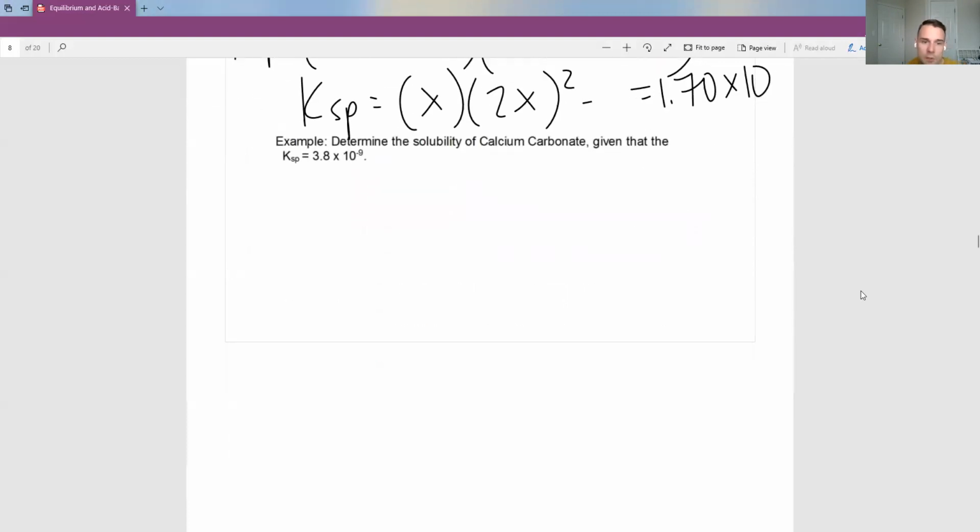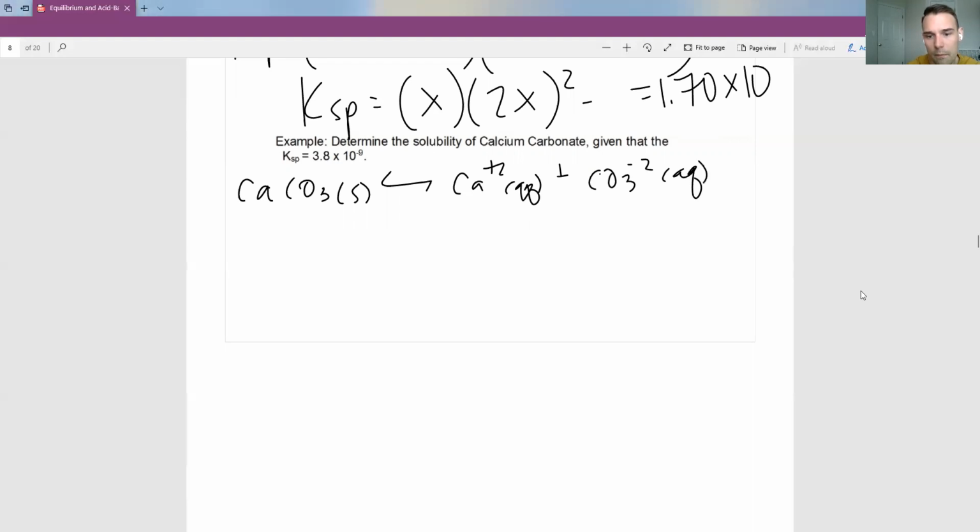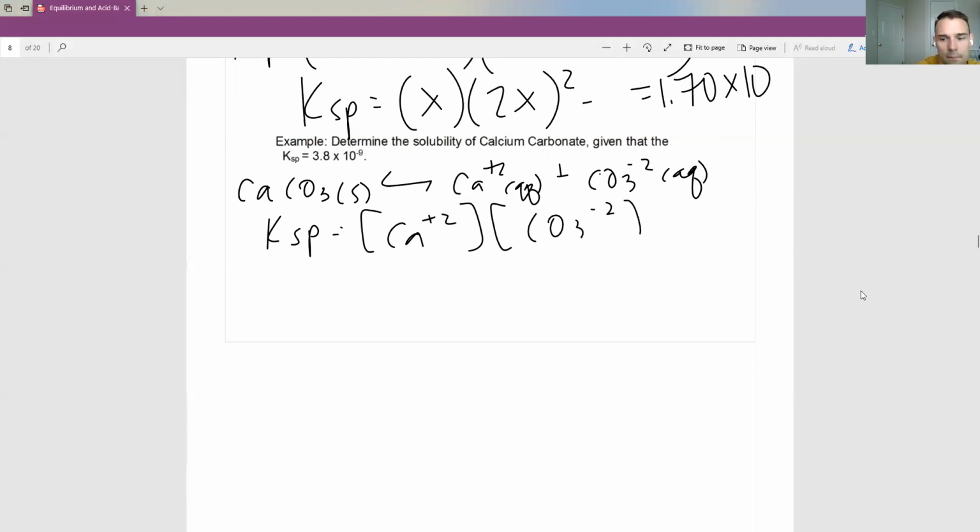Okay, now we're going to try this one, determine the solubility of calcium carbonate. So first thing we should do is write out the equation. Calcium carbonate is a solid and the ions are aqueous. Okay, balanced equation, which means my Ksp will be equal to the calcium ion times the carbonate ion. Since it's a 1-to-1, it should be the same thing. So this would be x, and that would be x, which would be x squared.